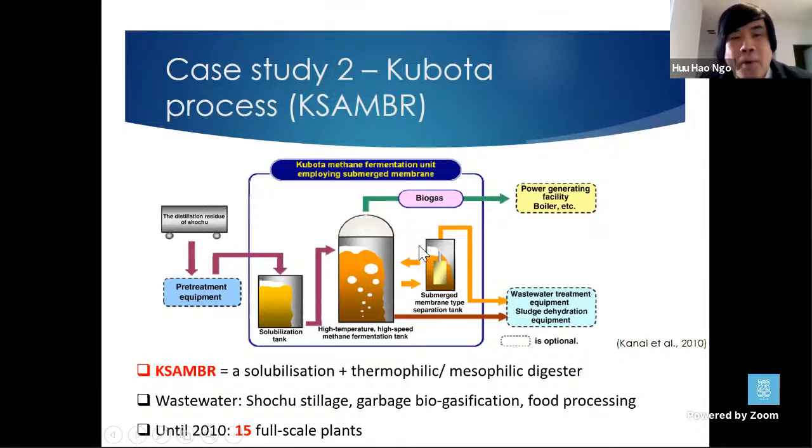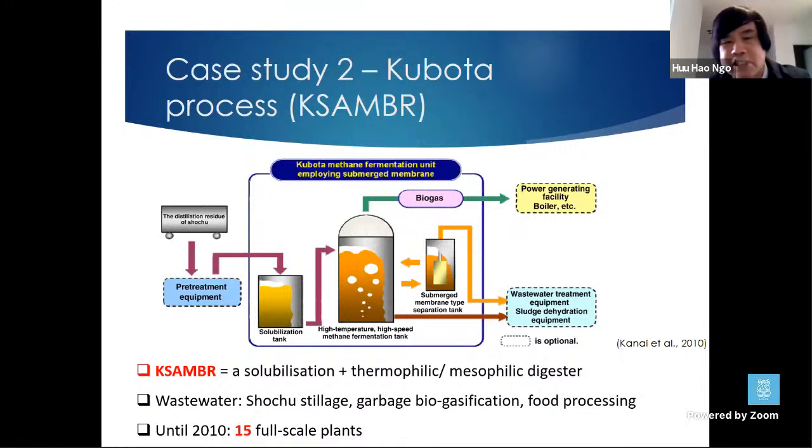Another good point is that they produce a lot. The anaerobic MBR produces very high biogas for the power generating facility, boiler, and so on. So they don't need to use normal coal-based electricity. They rely on their own anaerobic MBR system to support the electricity.